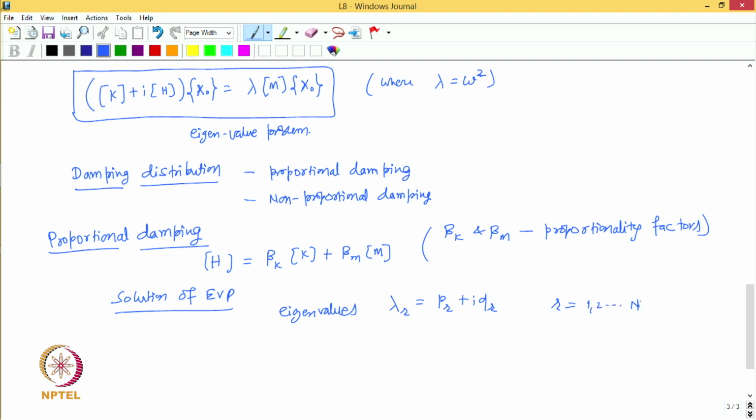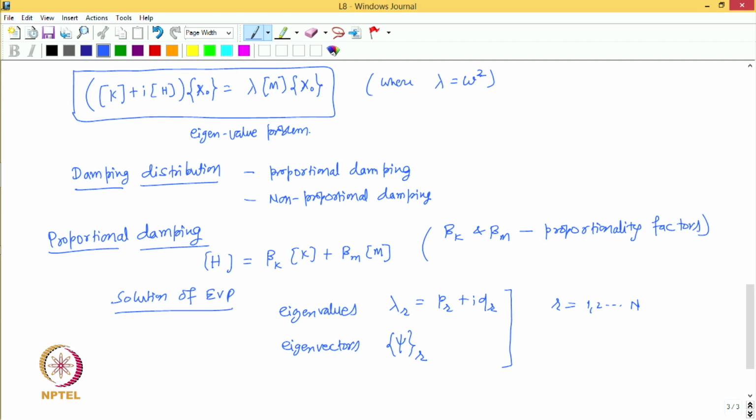So, assuming the system to have n degrees of freedom, there will be n complex eigenvalues, and we will also have corresponding eigenvectors, and let us represent the eigenvectors by psi r, with r varying from 1 to n. So, this is what we get: n eigenvalues and eigenvectors.